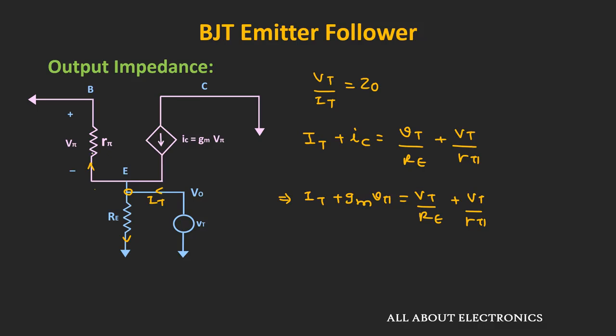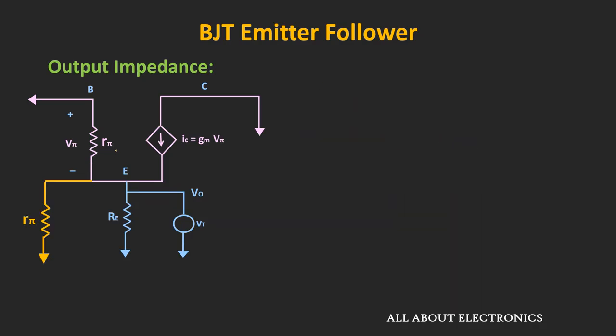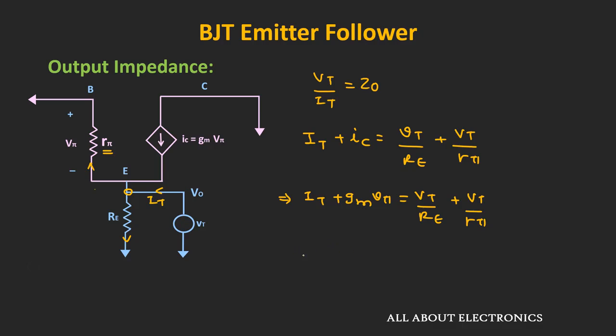Now here, if we draw this resistor over here, then you can see that this voltage V pi is equal to minus Vt. That means from this expression we can write it as current It minus Gm times Vt is equal to Vt divided by Re plus Vt divided by R pi.